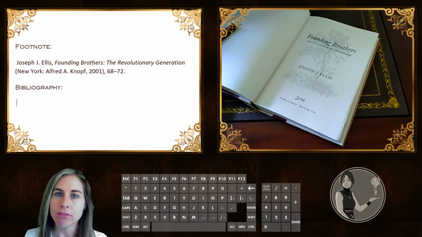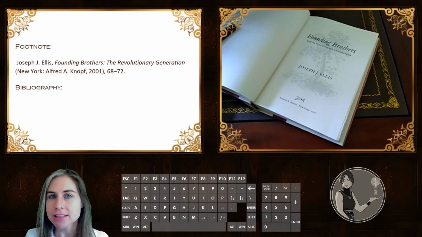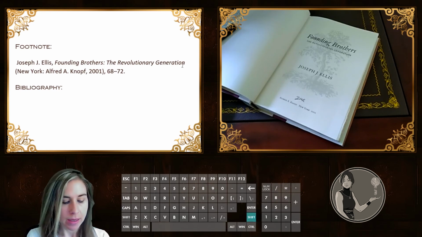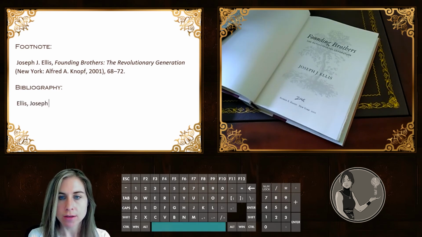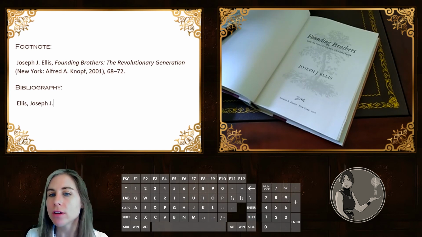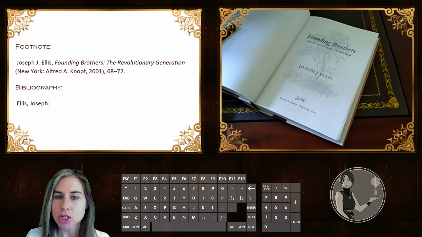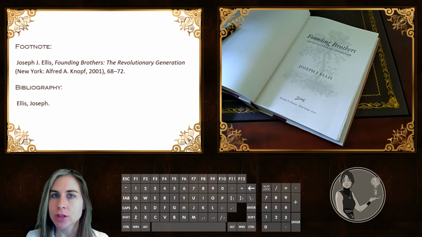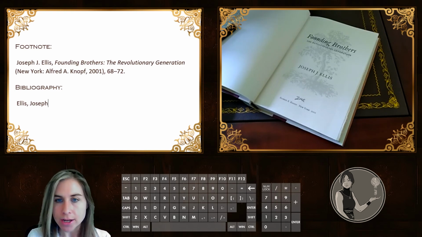And because it's alphabetized by the author's last name, you want to put the author's last name first. Ellis, Joseph J. Now, J has a full stop attached to it anyways because it's an abbreviation. But even if it had been just Ellis, Joseph, you would still put a full stop after the name of the author. Why do we do that?